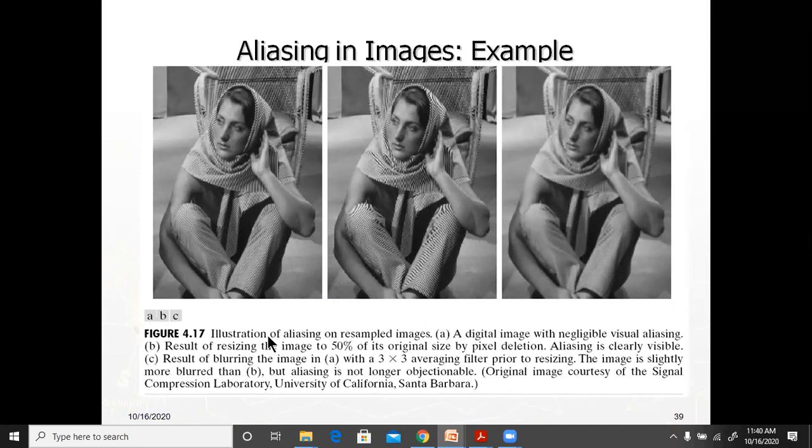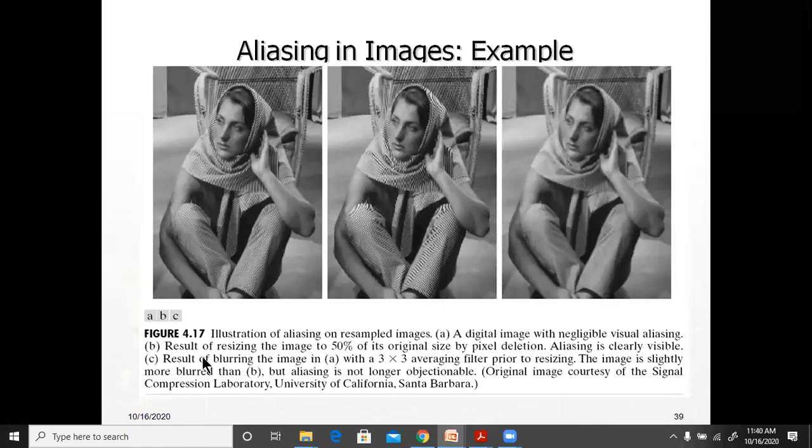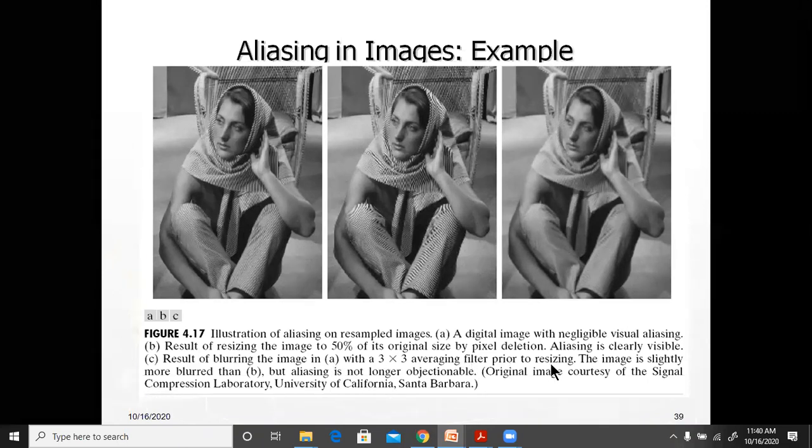Another way of illustrating aliasing: a digital image with negligible visual aliasing is shown over here. Whatever is there is blurred, and we get this. C is the result of blurring the image in A with a 3x3 average filter prior to resizing.